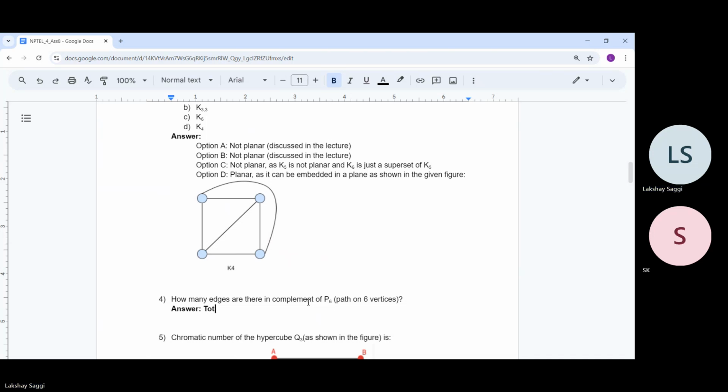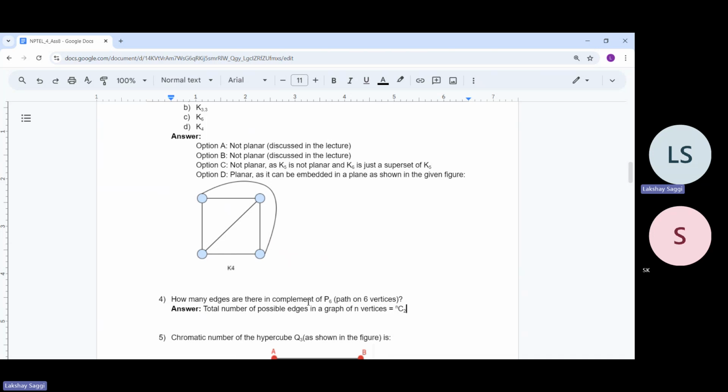So this is what we have. So let's just see what should be the answer. This is also not too hard of a question. So yeah, the total number of possible edges in a graph of n vertices is n choose 2, right?